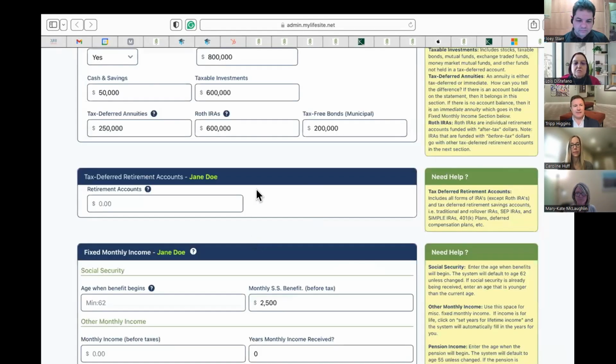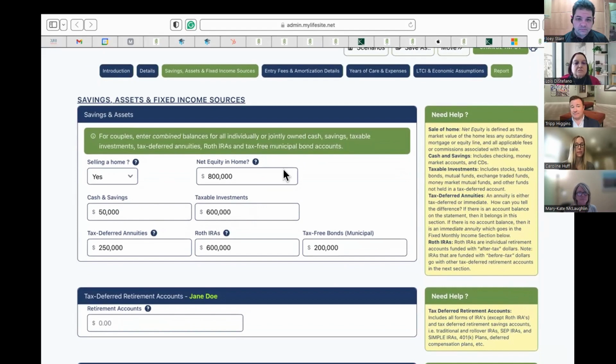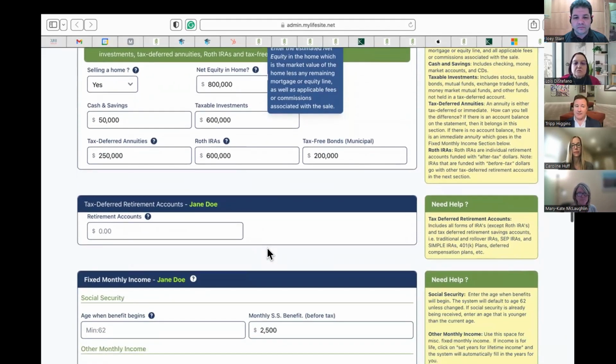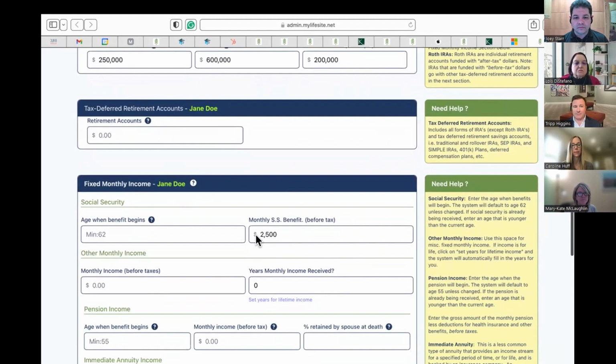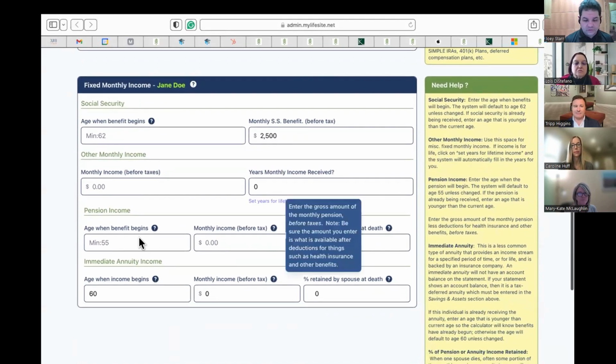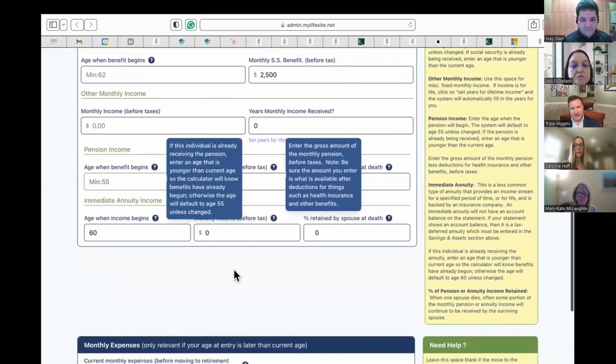So the next is we're going to be looking at breaking down your home value, your cash and savings, taxable investments, whether you have deferred annuities, Roth IRAs, tax-free bonds, if there are deferred retirement accounts, what your Social Security is, if there is other monthly income. And obviously with this pension, we can fill in some data that we said 65, and actually this is saved, so I can't adjust this, but this is where you'd put in that information.